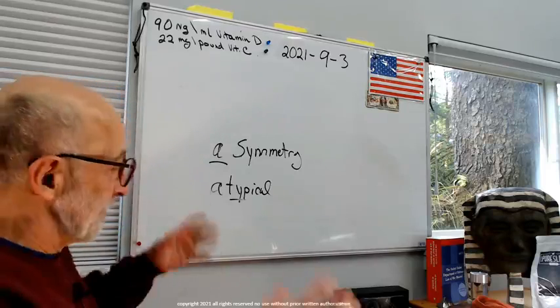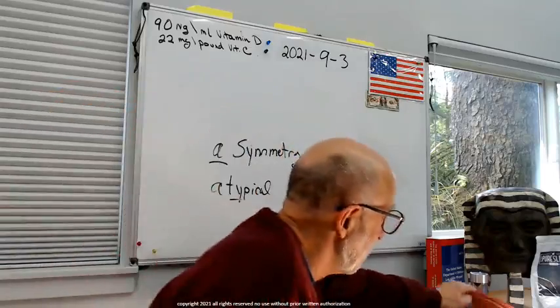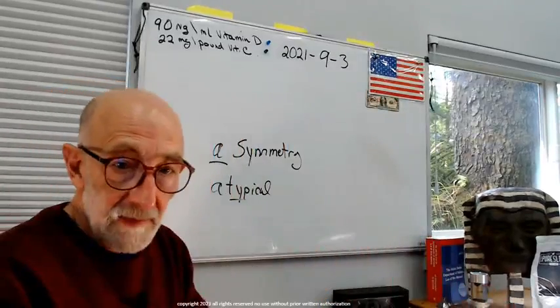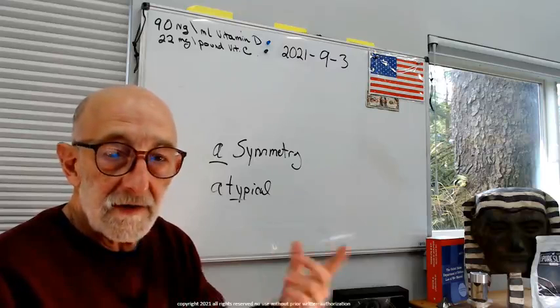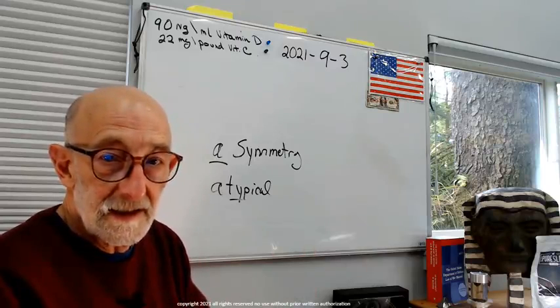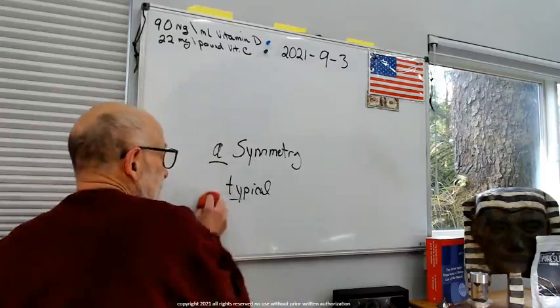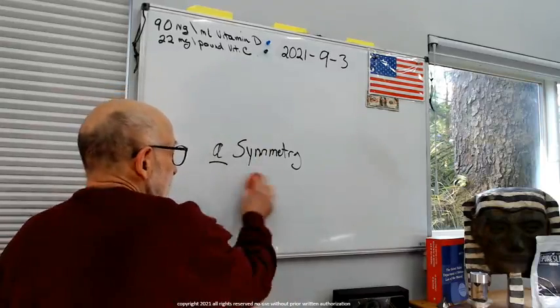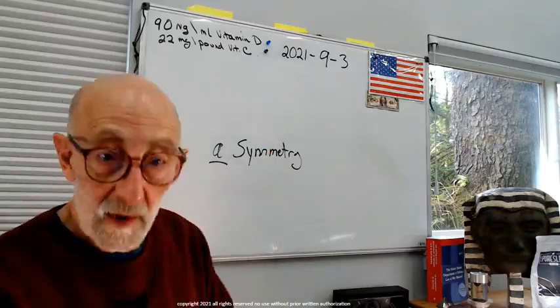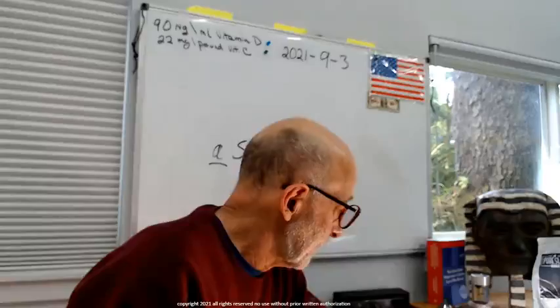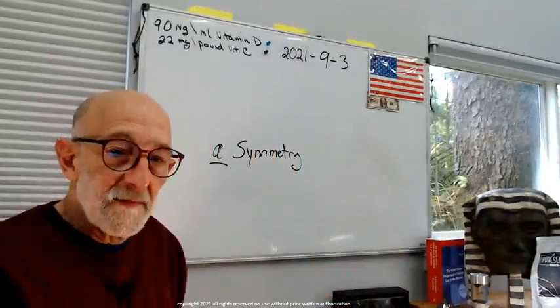But in any event, as I know from my examination of magnetism, all of universe is typically asymmetric, but atypically there are times when it is symmetric, just to blow our minds probably.